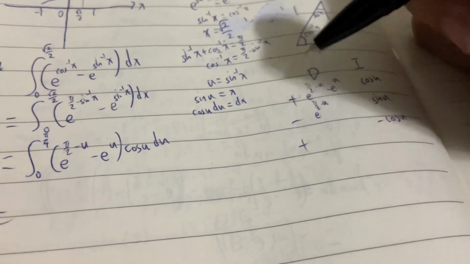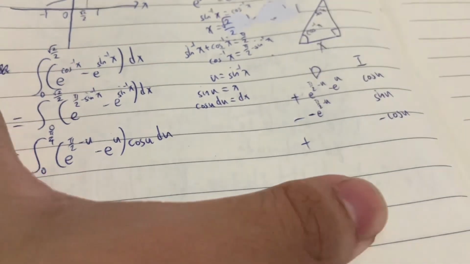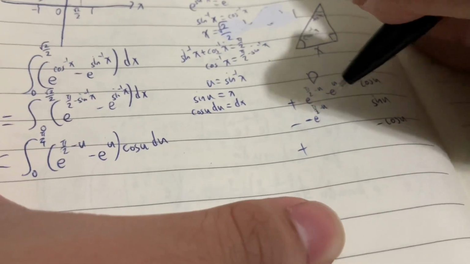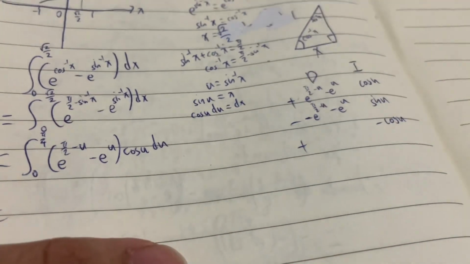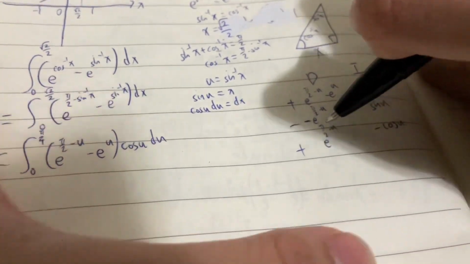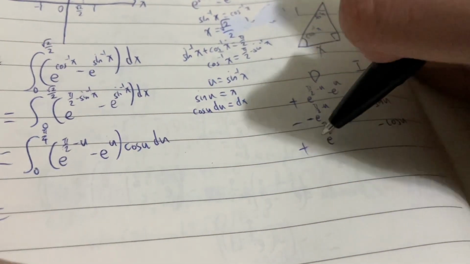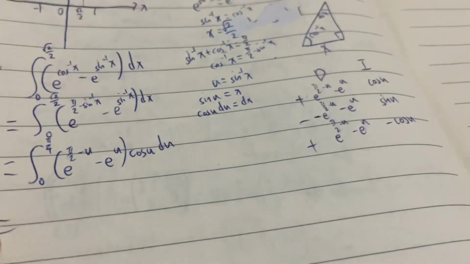You're gonna multiply by the derivative of pi over 2 minus u, so you get a negative here, and then minus e to the u. The derivative of this is just e to the u. Keep going. E to the power of pi over 2 minus u, and the derivative of this, so minus minus becomes positive, and then you get the original as well.